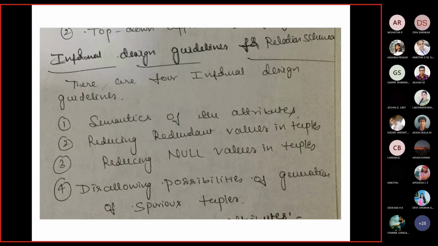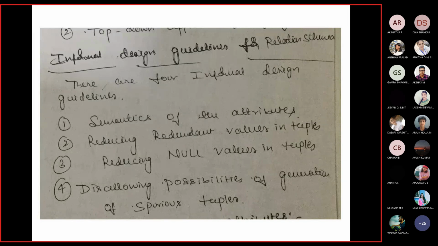For example, if I take the employee relation, each record of an employee gives the information of a single employee. That means you can see how the attribute values are related to one another. If I have the employee ID, employee name, salary and age, each tuple gives the information of one particular employee: what is his ID, what is his name, what is his age, and what is his salary.